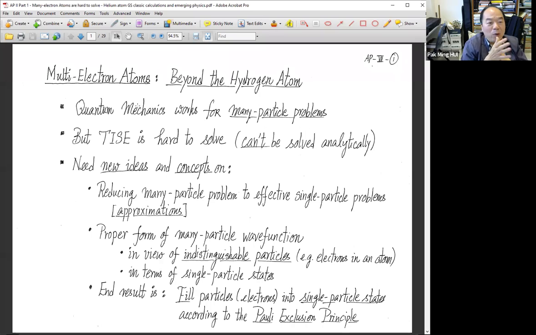But we will not give up. We want to understand the physics of these atoms. How can we do it? Approximation. We want to keep the beauty of the description of hydrogen: 1s, 2s, 2p.